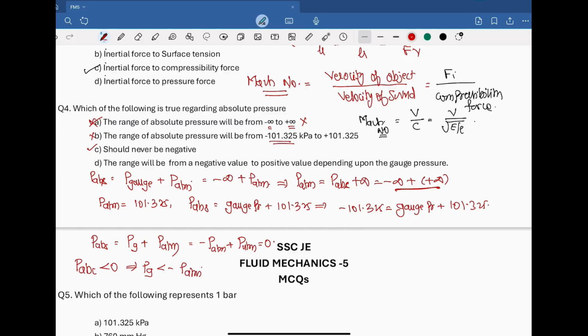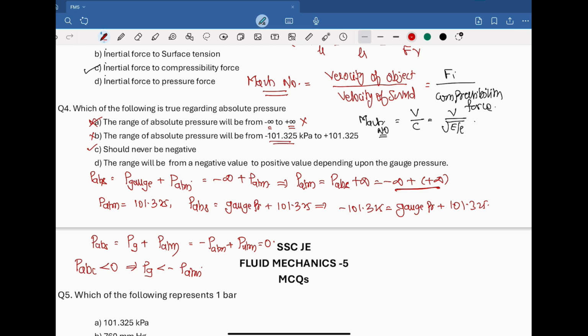No, it is not possible. P gauge can go up to minus P atmosphere, but it cannot go below minus P atmosphere. P absolute can be 0, but it cannot be negative. Hence, the answer is negative. And we will see the other alternative also, D.